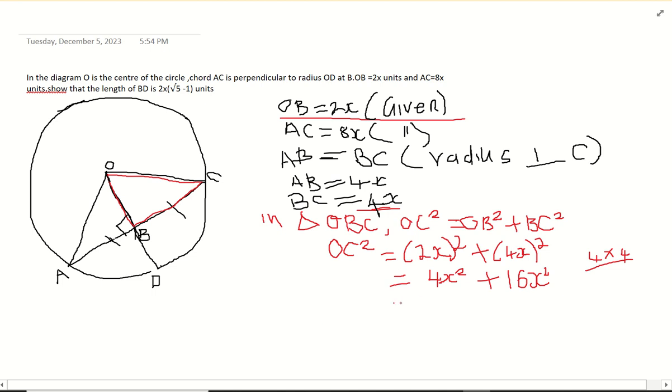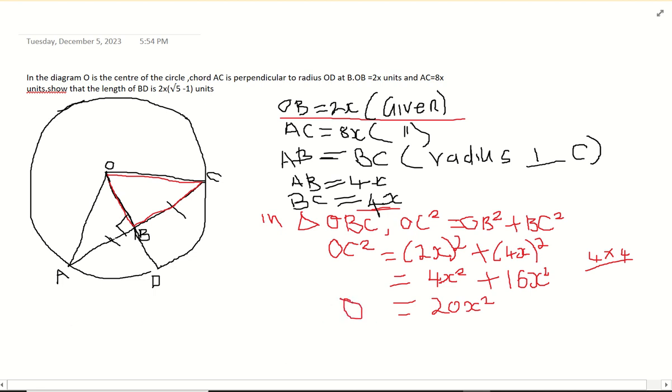Then, because these are like terms, we will have 4x squared plus 16x squared. We are going to add the 2 and we are going to have 20x squared.